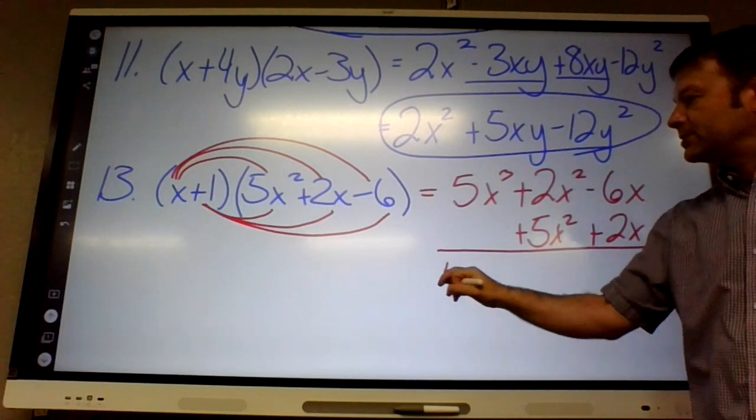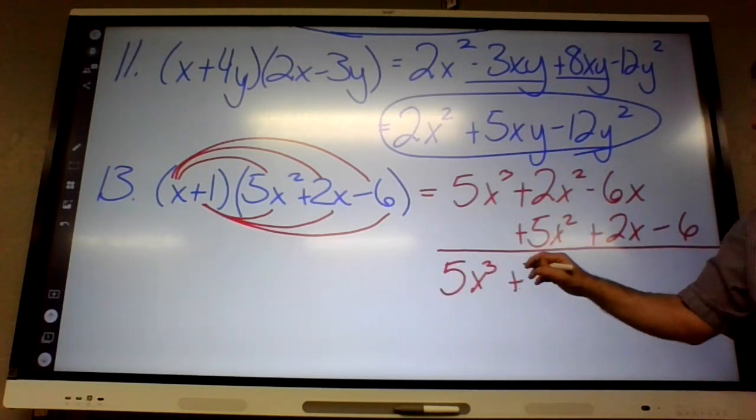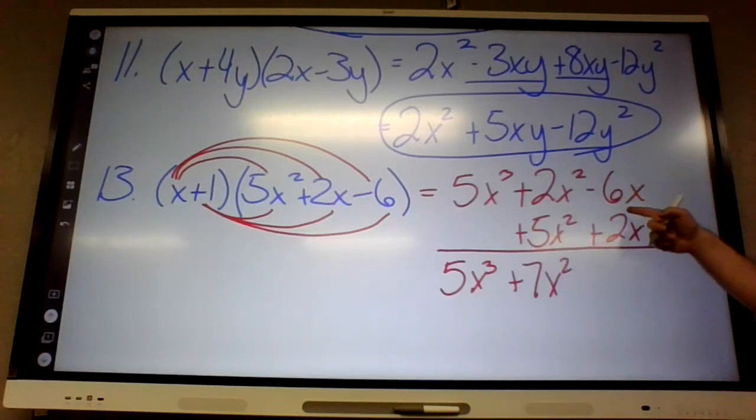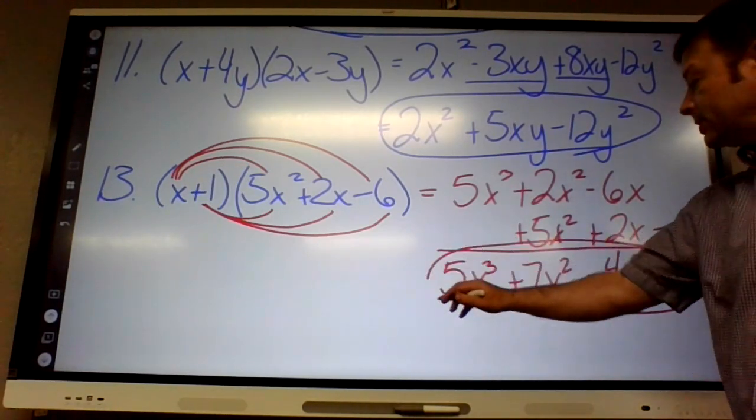So the final answer, 2x squared plus 5x squared, negative 6x plus 2x. You don't have to write it like that, but it makes it a little easier. Do whatever. Okay. So that's that.